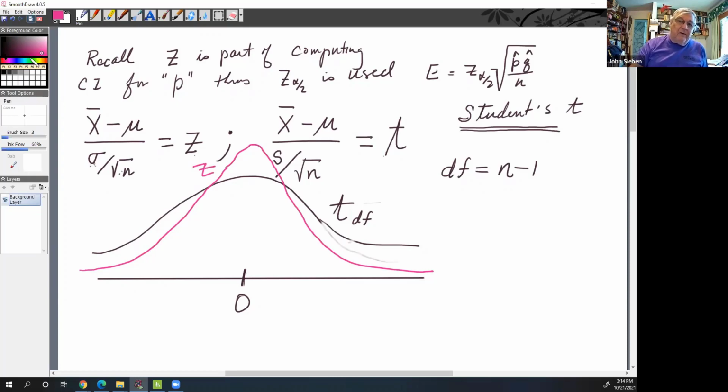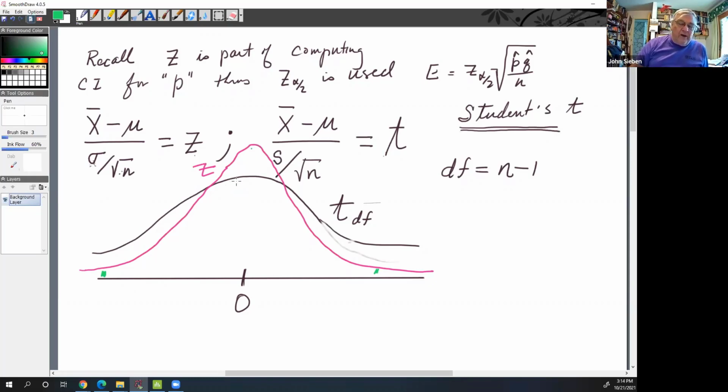Now, how are they different? Well, they're different because the z distribution is skinny out here in the tails. It asymptotically approaches the horizontal axis much faster than the t distribution. If the z is skinnier in the tail, since the total area is 1, it's got to be taller in the center, and it will be.